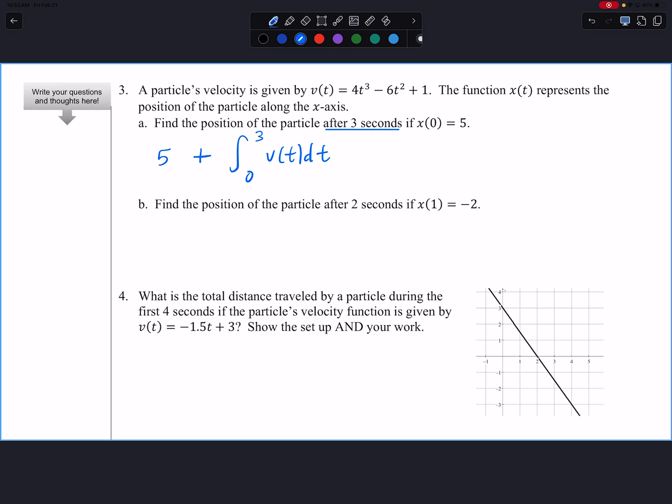Again, you guys can integrate this by hand. The video that these guys did, they do this by hand. You guys have done a lot of integral practice the last couple weeks. So just to save us time, let's just plug this in our calculator. So make this your y1 now: 4x cubed minus 6x squared plus 1.